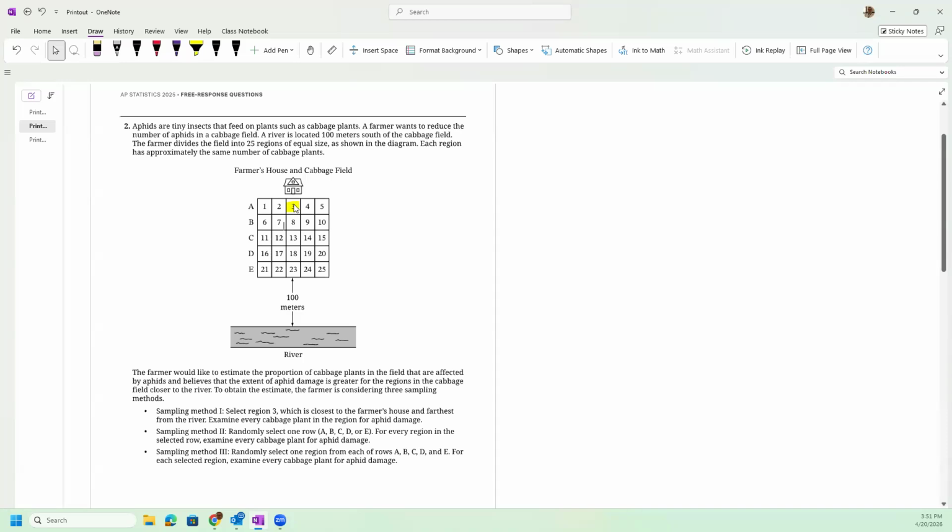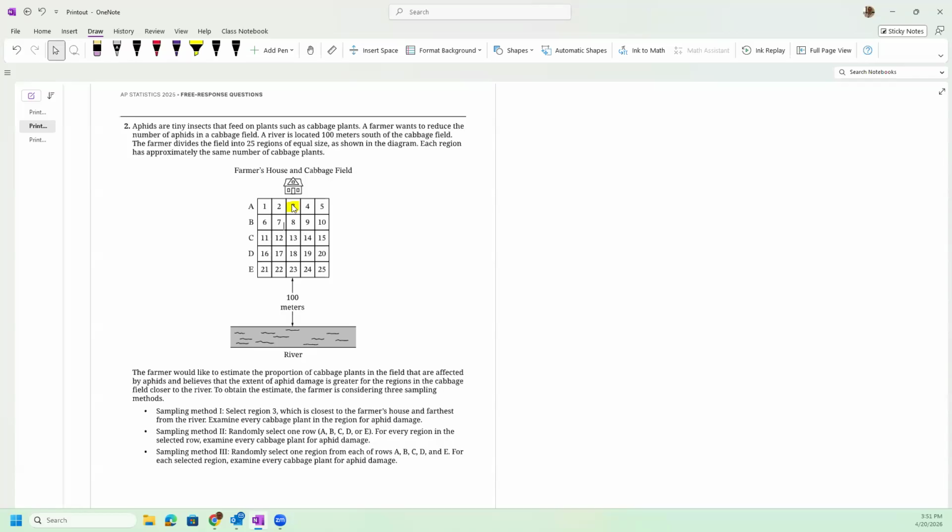If he were to use this yellow highlighted region as his estimate, he would underestimate the amount of aphid damage. If he used this little plot to represent all 25 of these plots, he is as far away from that river as he can get. He's going to get fewer aphids, so he's going to understate his true aphid damage.